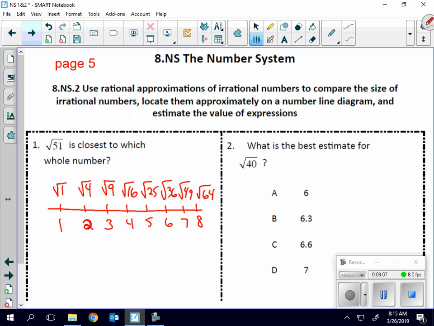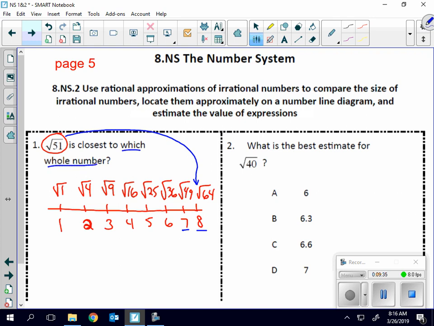All right? So if you look in between those square numbers, I want to find where the square root of 51 would fall. Well, it looks like it would be in between these two, right? 51 comes between 49 and 64. Therefore, it's going to be between 7 and 8 because it asks which whole number it is closest to.